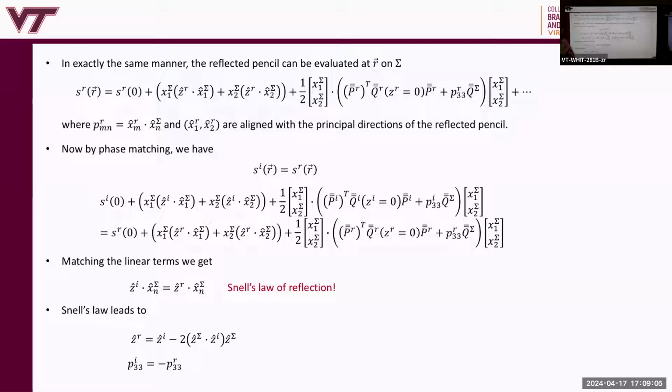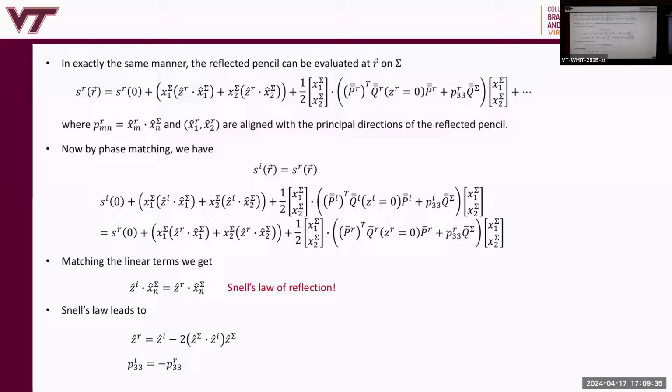Theta incident equals theta reflected, right? That is z dotted with x and sigma. It's related to theta, one of the angles of incidence, though not necessarily with respect to the z-axis of the normal. Okay. How do you find the reflected principal directions? All right, we'll get to that.